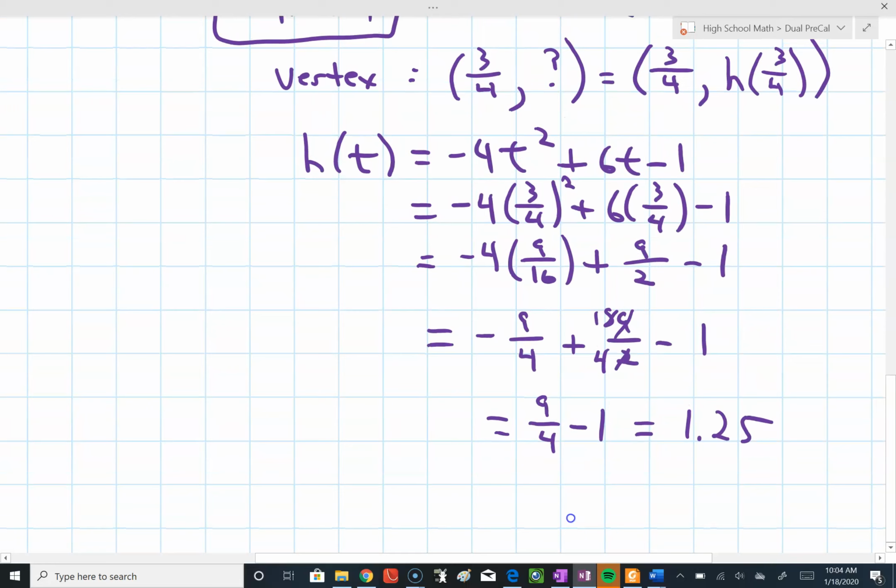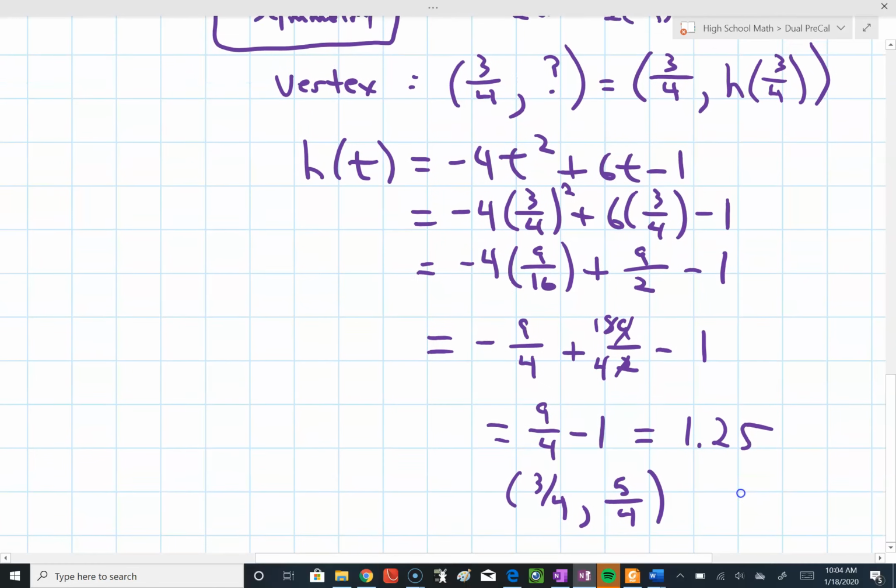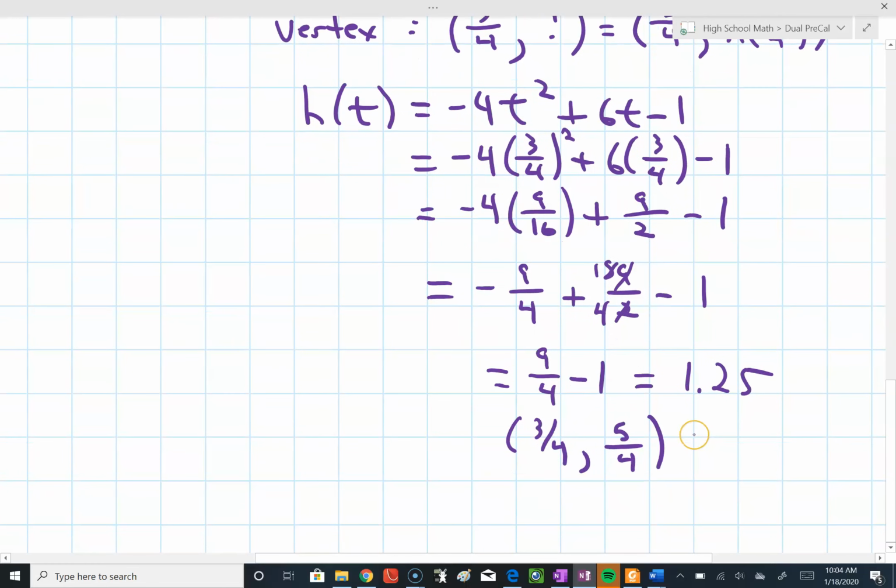So our vertex would be 3/4 and 1.25. 3/4, 1.25 is 5/4, 5/4. And as we said, that vertex is going to be a max because the parabola is opening down.